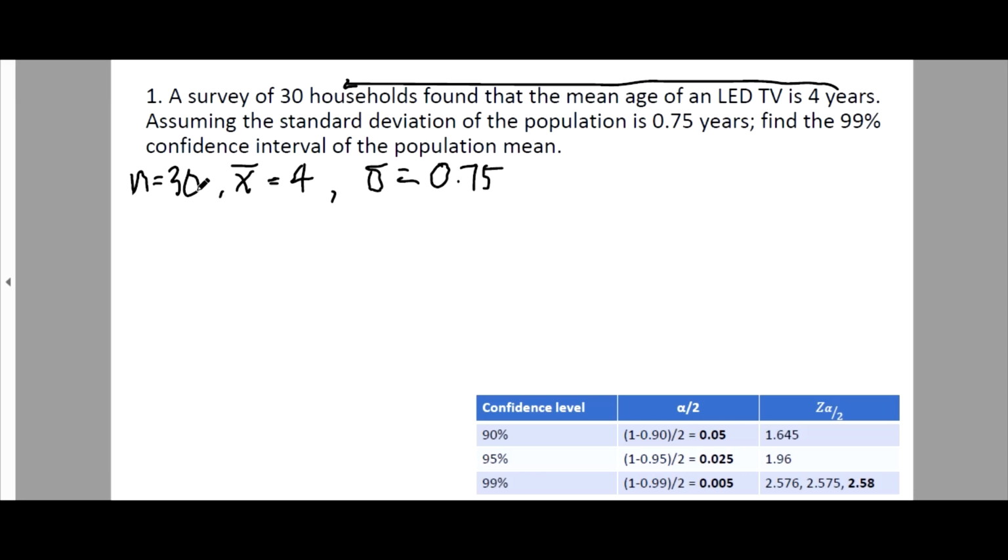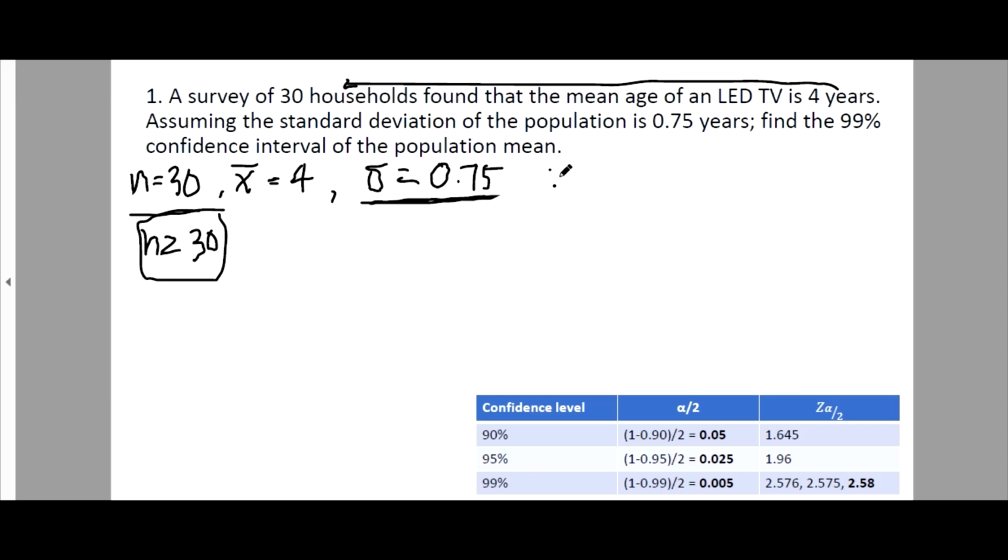Now, what are the given? We're given n greater than or equal to 30. N is equal to 30, so it still falls on this one. And of course, the population standard deviation is known. So it is known and n is greater than or equal to 30.